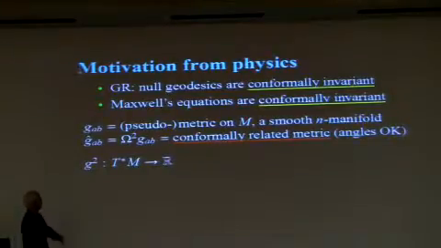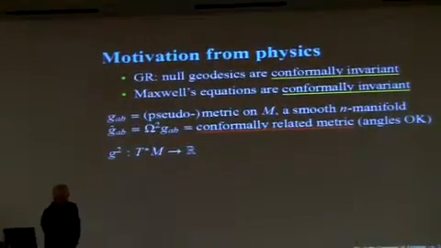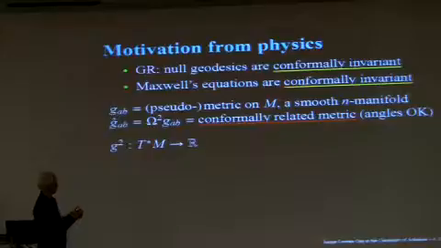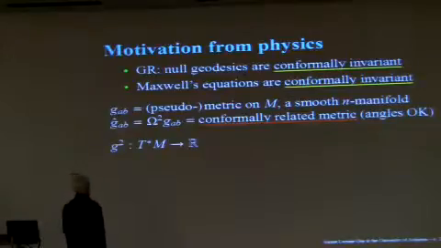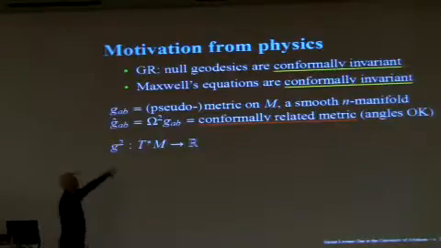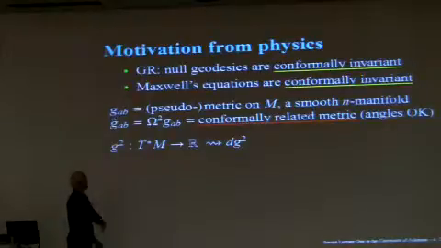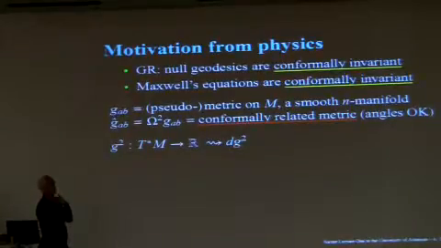The way to do that is to think of the square of the metric, in order to make it smooth, as a function on the cotangent bundle. So just think of it as a smooth function defined on this bundle. It's a real-valued, positive function. And if you do that, then there's a slick way of writing down what the geodesics are in terms of symplectic geometry. On T*M, you have a symplectic form, and you use that as follows.